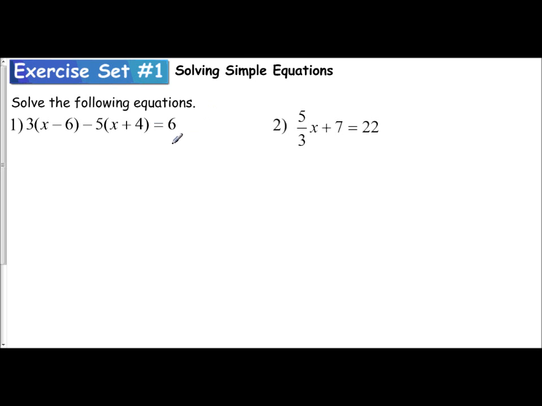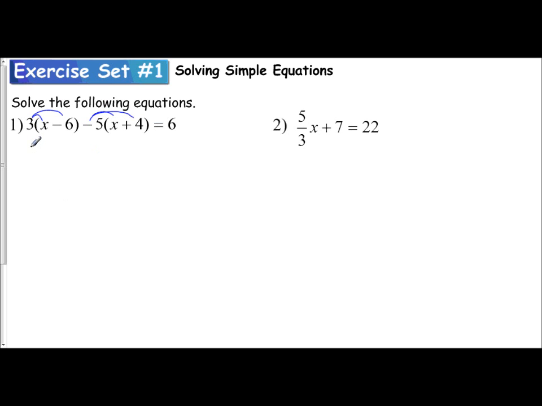So if I take a look at the first problem, 3 times the quantity x minus 6 minus 5 times the quantity x plus 4 equals 6. I look at this and I see, well, I can distribute the 3 into the parentheses. I can distribute the negative 5 into the parentheses.